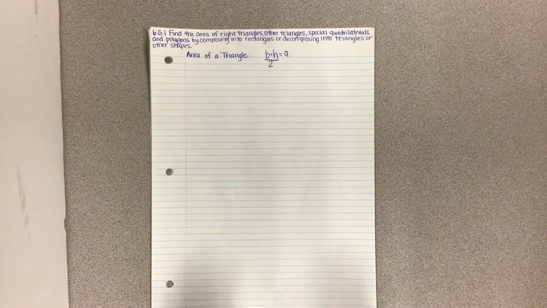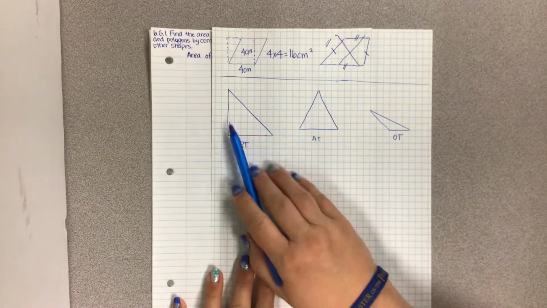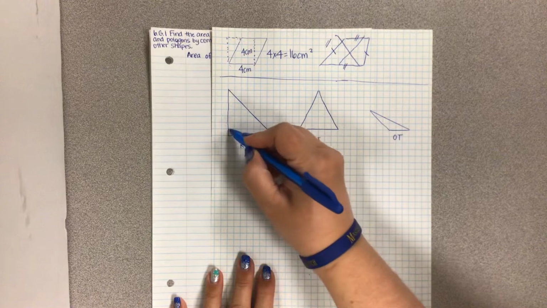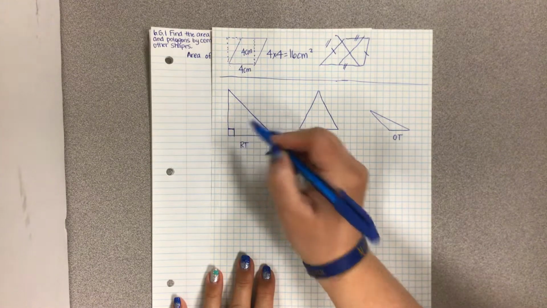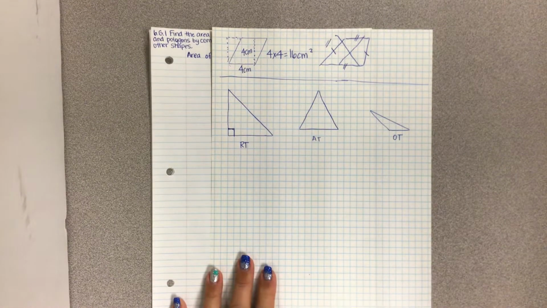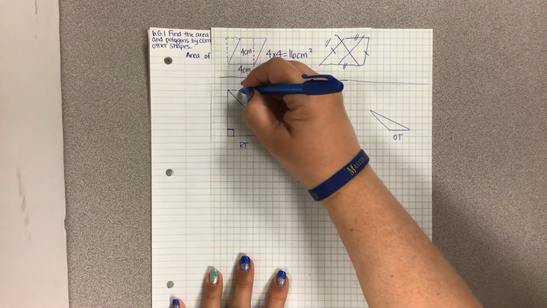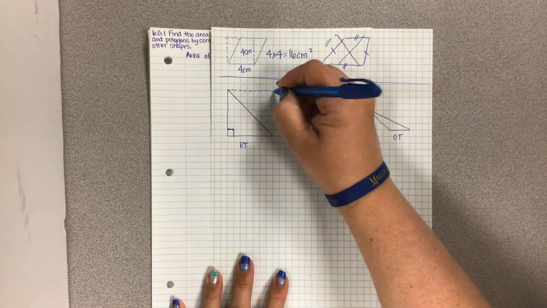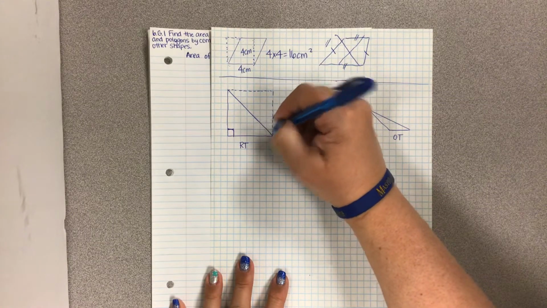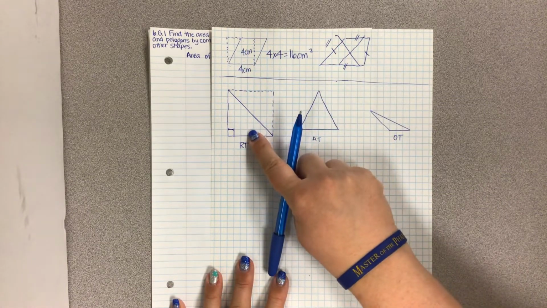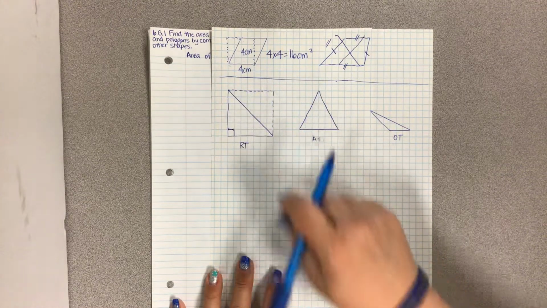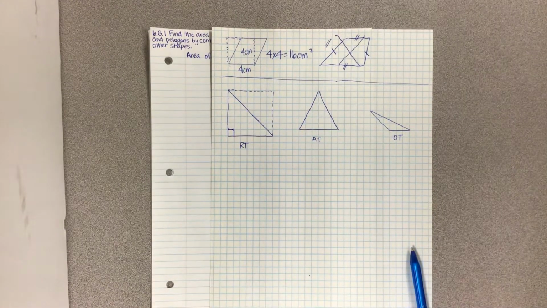So we're going to start off by looking at a right triangle. You guys all know that this is a right triangle because it has this right angle in the corner, okay? Now, right triangles are super easy to see turned into a rectangle or square, okay? All I have to do is say, okay, if I were to continue this shape, this triangle is half of this square. So I've actually cut the shape out.